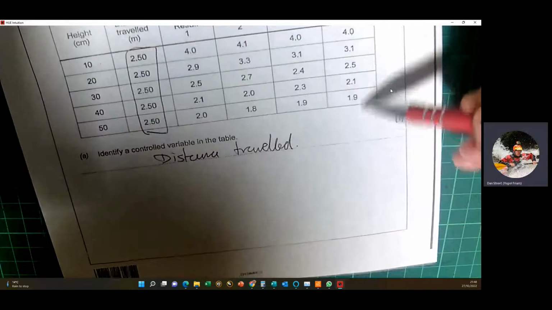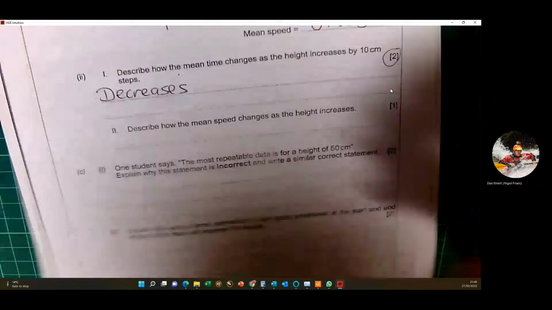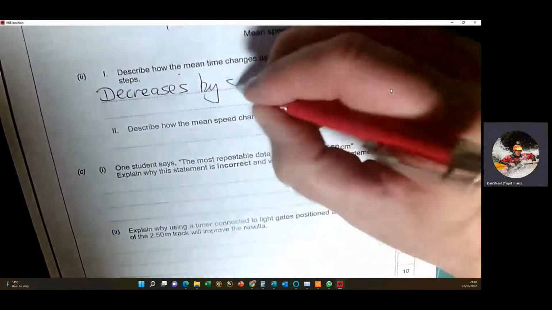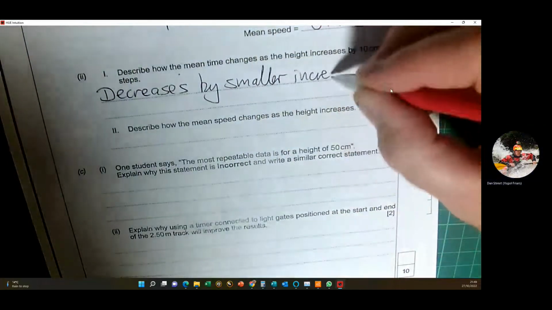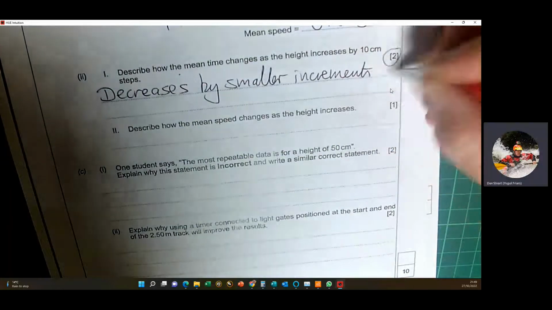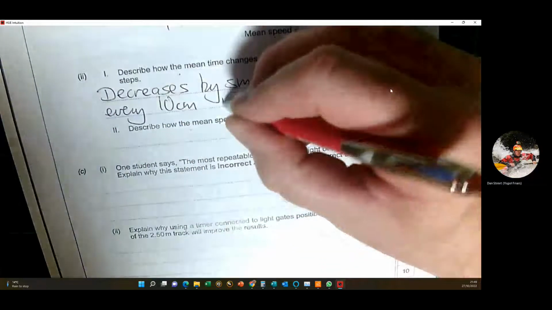So the steps between these decreases get progressively less and less. Okay, so it decreases by smaller increments for every 10 centimeter increase in height.